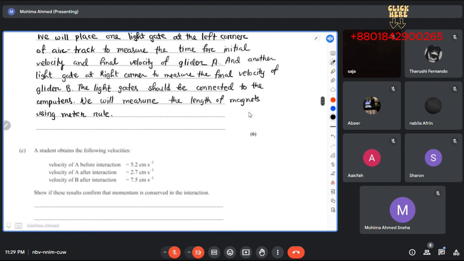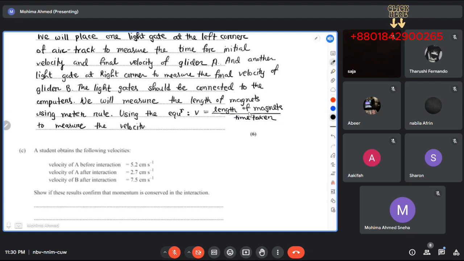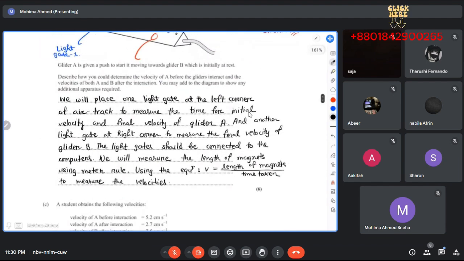And finally, using the equation, v is equal to length of magnets divided by time taken to measure the velocities. We have three velocities to calculate, so it will be better to write velocities. Right, so this is your final answer.